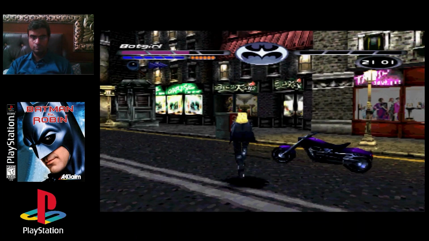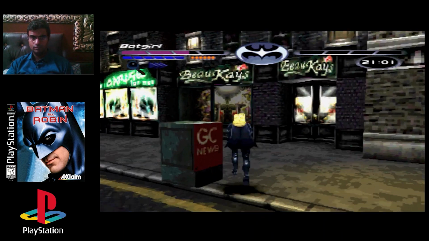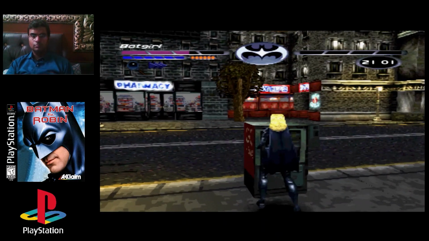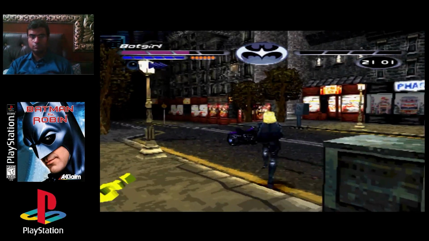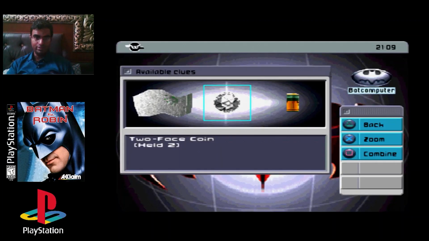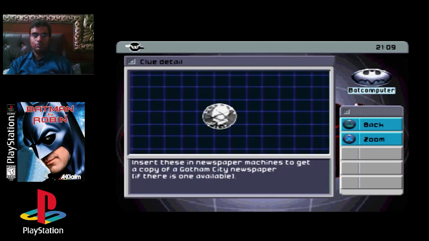You can collect these coins from the different payphones and use them to get newspapers around Gotham City. These newspapers sometimes indicate a particular crime location, or sometimes some valuable news or events that are occurring in Gotham City.